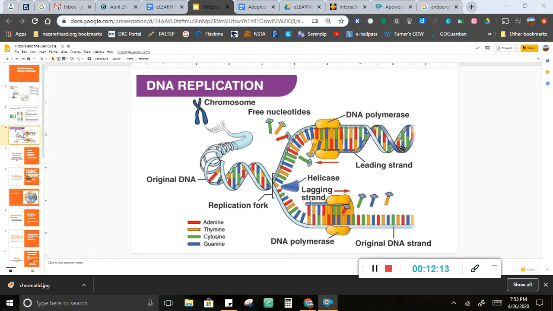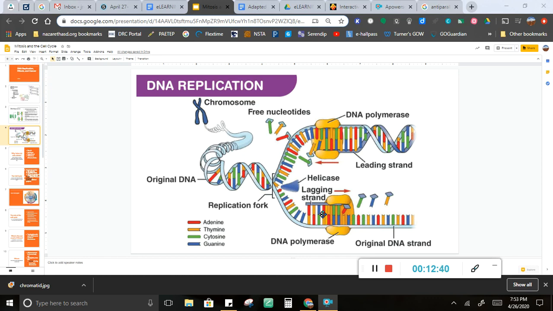So again, DNA polymerase is the molecule that's actually adding complementary nucleotides to these template strands and building those new DNA molecules. We have a leading strand that's built in the direction towards the replication fork. It's built continuously. And we have a lagging strand that's built discontinuously. It's built in fragments called Okazaki fragments.